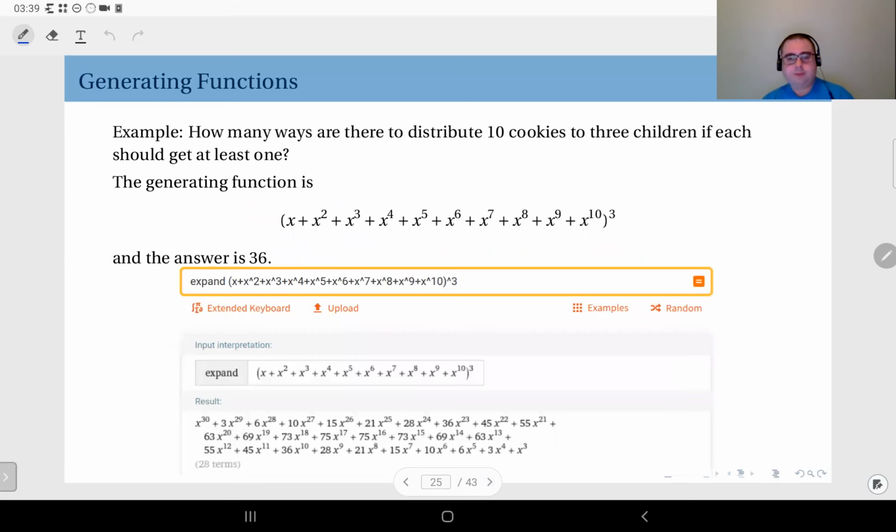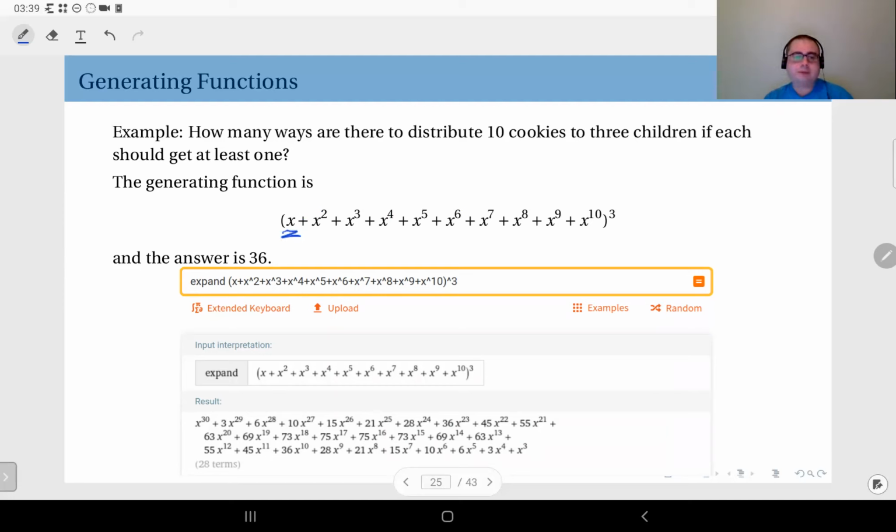Okay, so another typical problem is this distribution problems. How many ways are there to distribute 10 cookies to 3 children if each should get at least one? Okay, so again, this is a problem you can do without generating functions, but let's see how we can do using them. The generating function here is now it starts from not 1 but x.